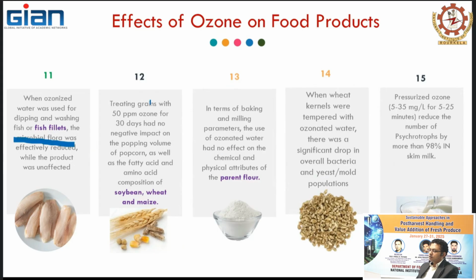Then for grains, as mentioned, they are quite commonly used, particularly maize, corn. You can find a number of studies on corn and even rice to maintain the quality, because the main concern is sometimes the biochemical changes, but even insects and aflatoxin, all those things we can control with ozone treatment.